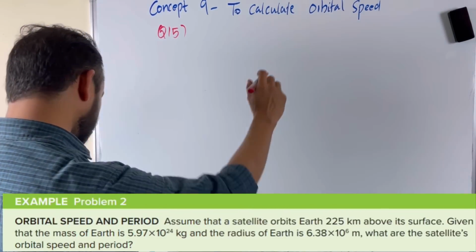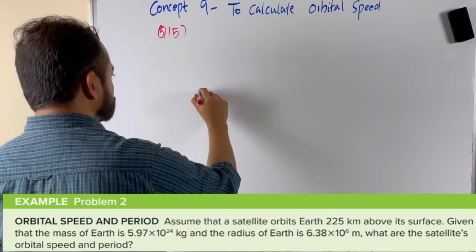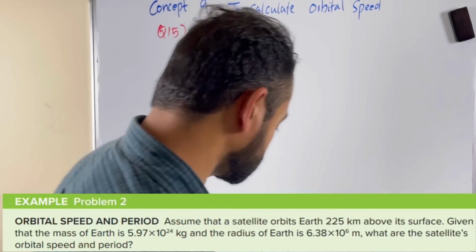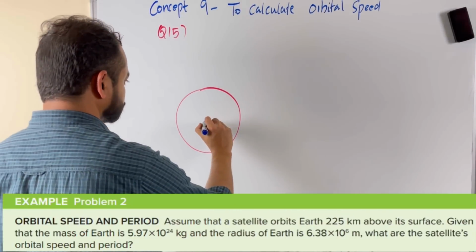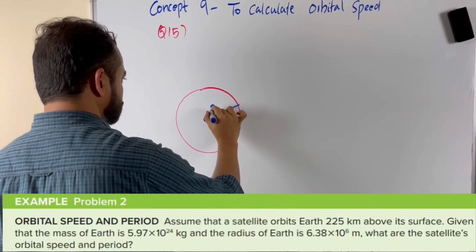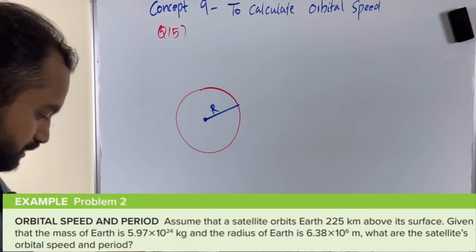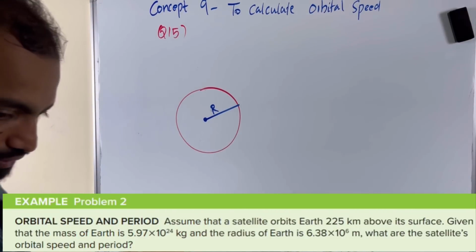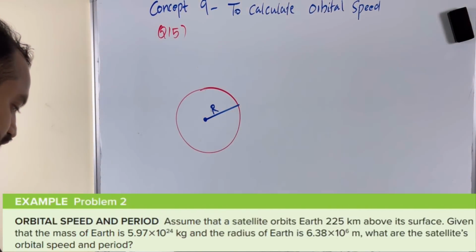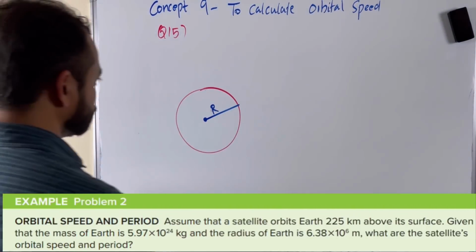So we have been given this data. Here we have Earth, and the radius of the Earth is given, which we will just write as capital R. What else is given? This satellite is at a distance of 225 km above the surface of the Earth.